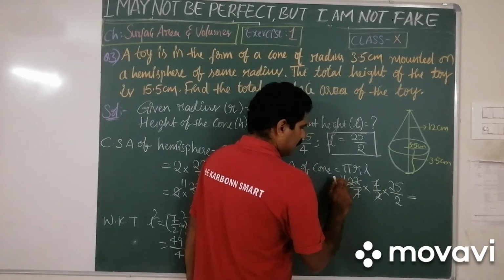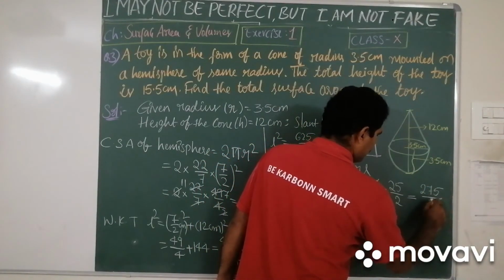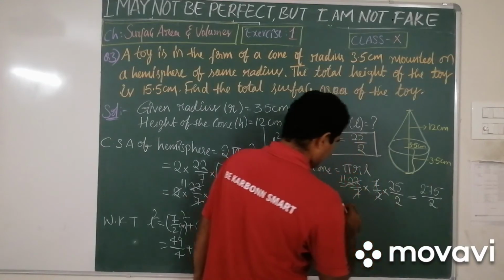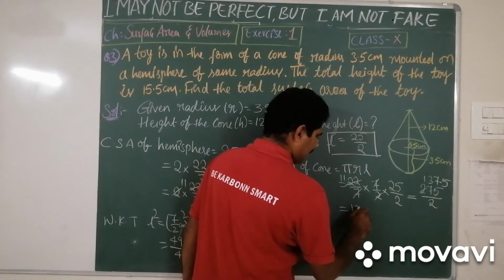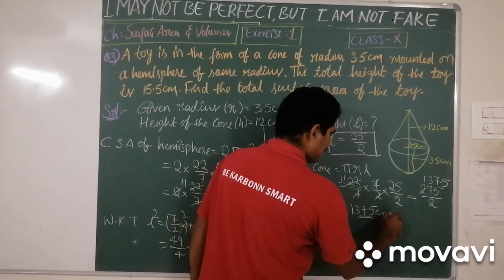So, 25 into 11 is 275 by 2. This is again equal to 137.5 centimeter square.